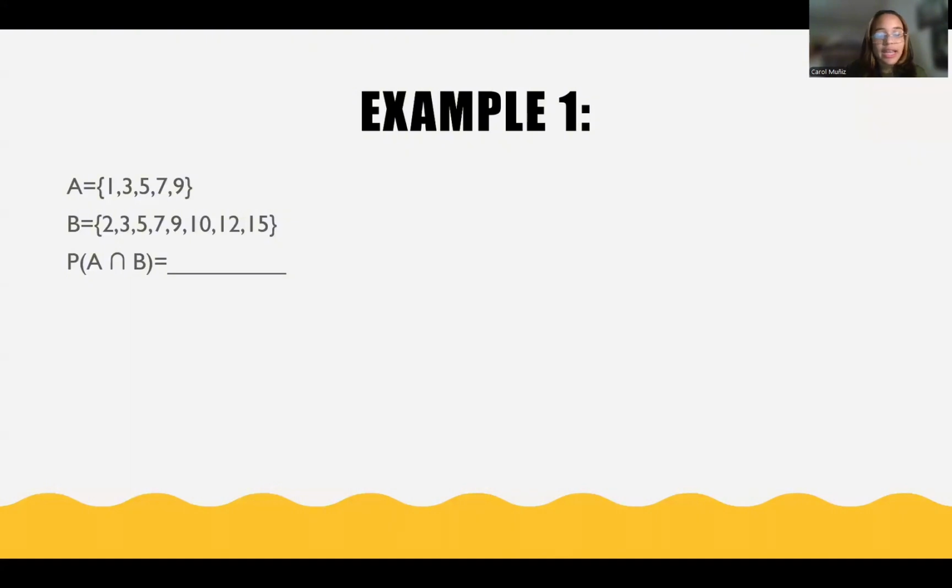If we look at set A and B, they share the numbers 3, 5, 7, and 9. If I were to write this, I would write it in between brackets: 3, comma 5, comma 7, comma 9. So this is the joint probability of both set A and B in set notation.